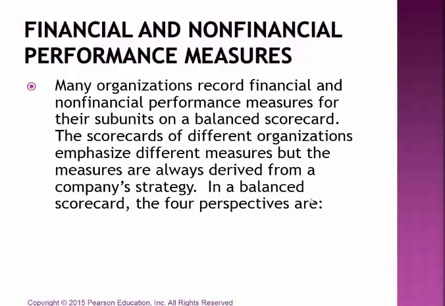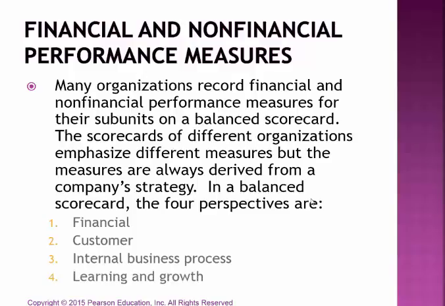My advice to you guys is for Chapter 19 and Chapter 23, I would be making myself a list of the 4 different distinct areas or perspectives of the balanced scorecard, and then I would be making myself a list underneath those 4 of some of those financial and non-financial examples that you see throughout those 2 chapters. So again, we've got the financial area, we've got the customer, we've got the internal business processes, and finally, learning and growth.